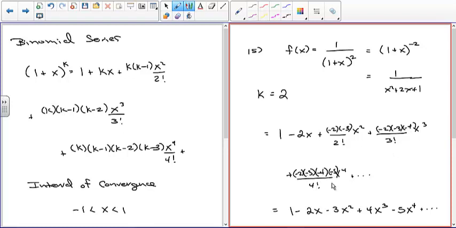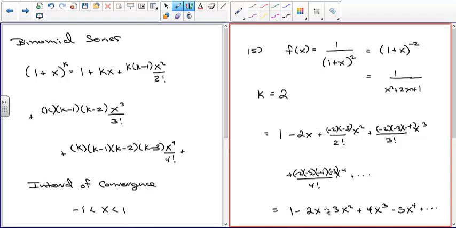And what you can see is that this, well, I was going to say it alternates. I think I made a mistake here. This should be plus. So when you have the rational expression, every other term is a different sign.